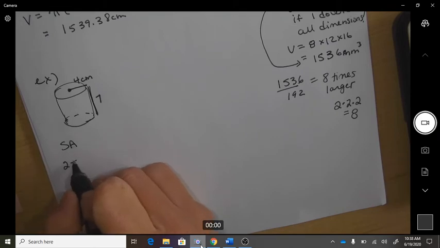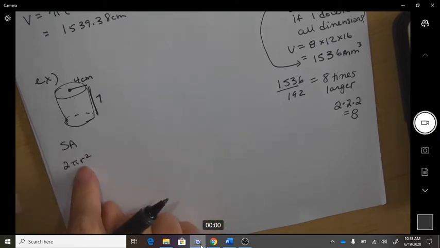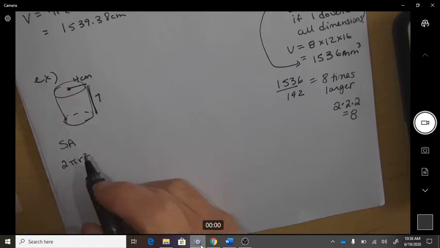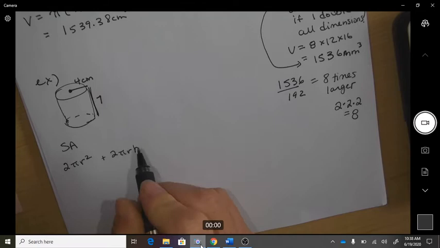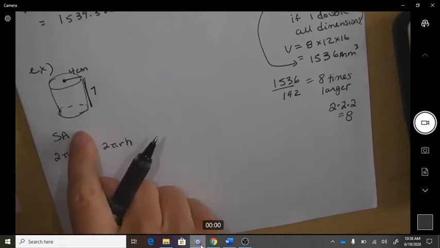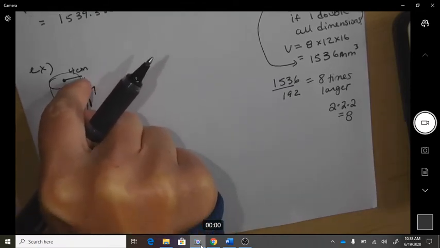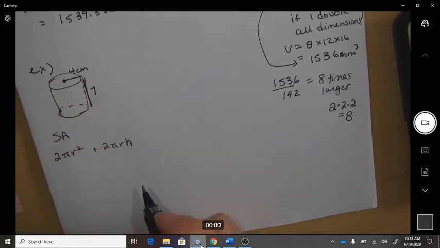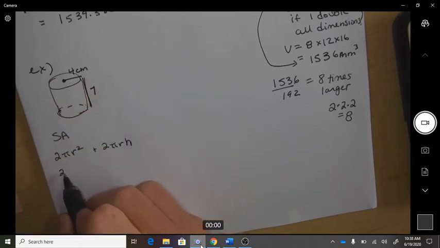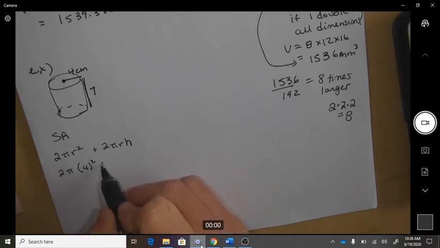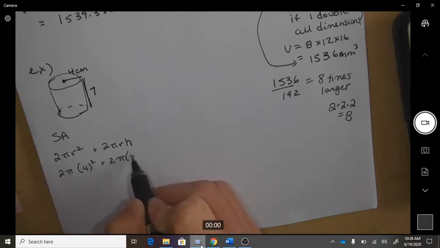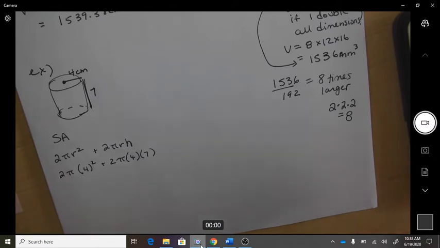So pi r squared is a circle, and you have the top and bottom circles, so 2 pi r squared, plus 2 pi r h. 2 pi r is a circumference, and then you have all those circumferences up and down. So now it's just plugging in. Plug in r of 4.